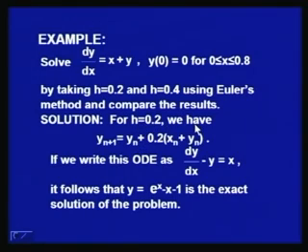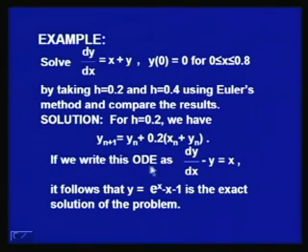For h equal to 0.2, we have Euler's formula, y_{n+1} equal to y_n plus 0.2 into (x_n plus y_n), that is the value of f(x_n, y_n). f(x, y) here is x plus y. So, f(x_n, y_n) is x_n plus y_n.